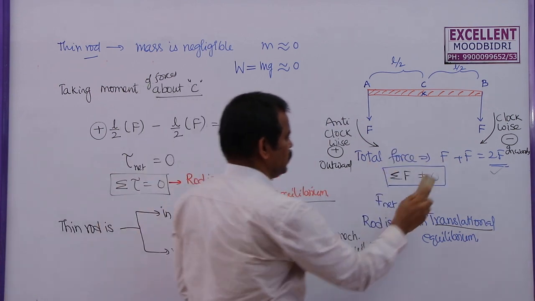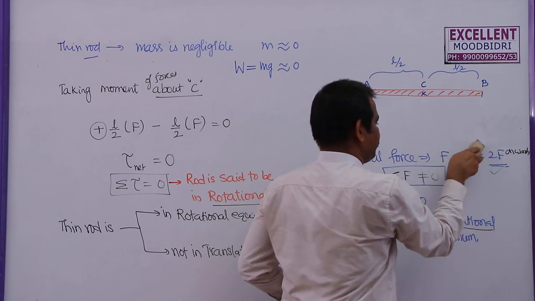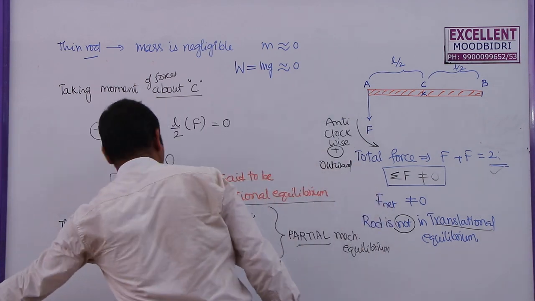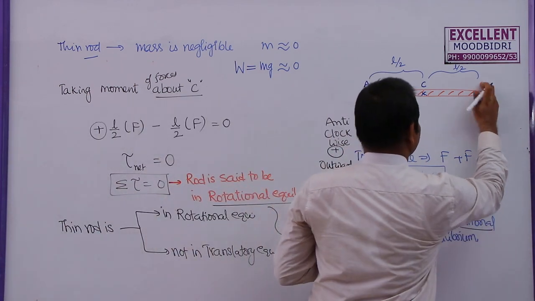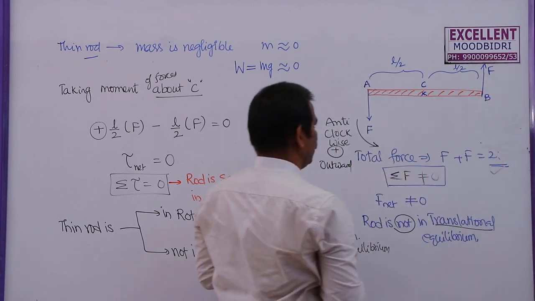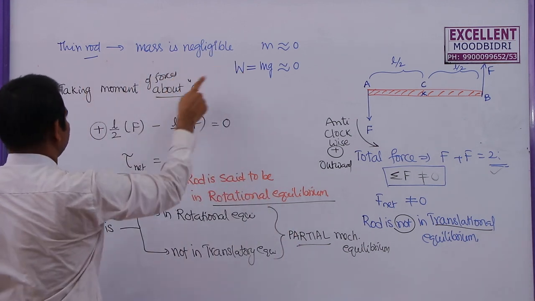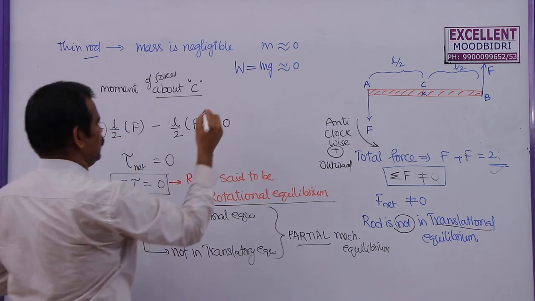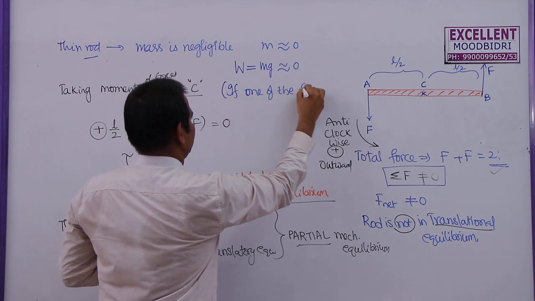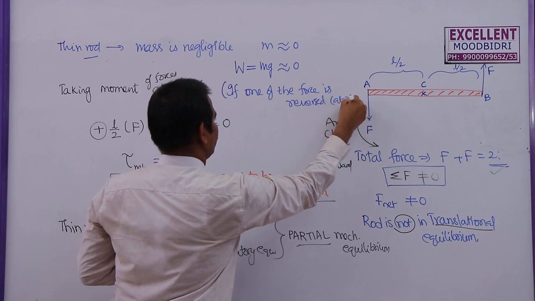Let us say this force F is reversed here, so this force is acting upwards, whose magnitude is F only, acting at this point B. Now, for the thin rod, the mass is once again negligible, weight is 0, taking moments about C.